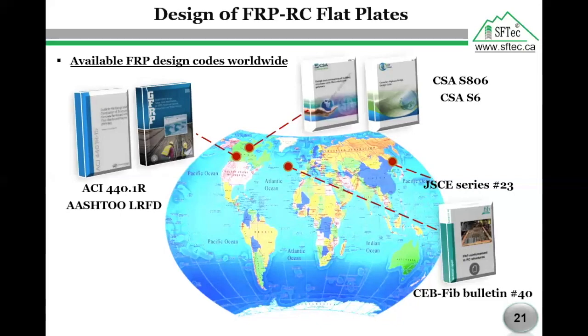In Canada, we have the Canadian standard S806 for structural elements reinforced with FRP bars, and we have CSA S6 for bridges reinforced with FRP bars. We have two alternative codes like the S806 and the S6 in the US, ACI 440 and the AASHTO LRFD, and also we have in Japan the Japanese standard series number 23. In Europe, we have bulletin number 40.